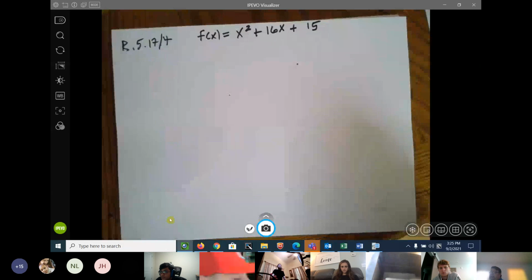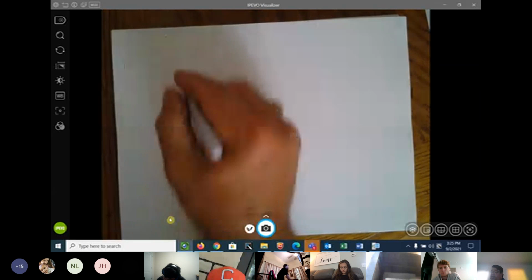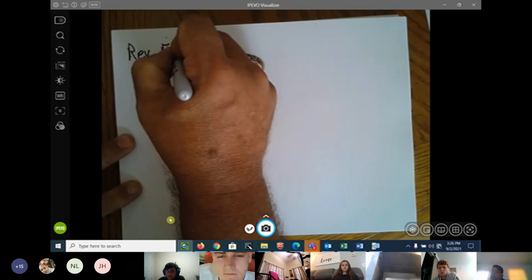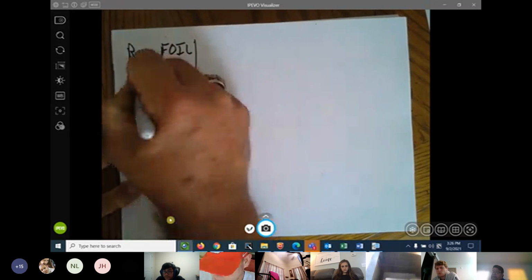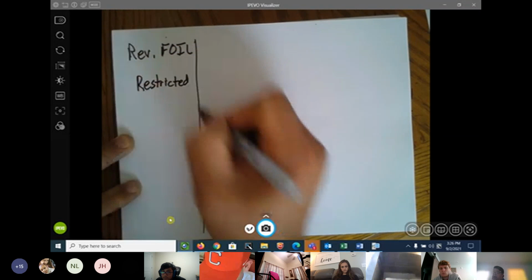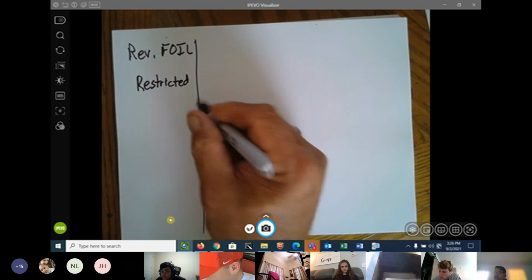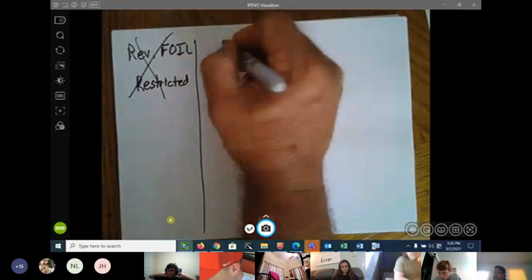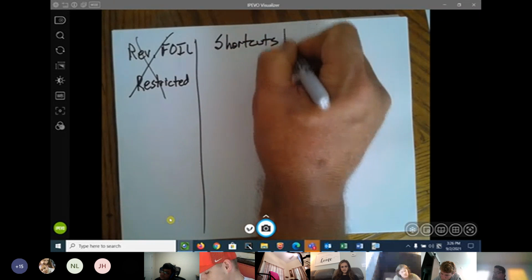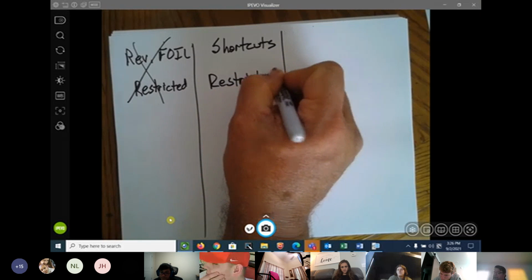In a quadratic like this, there's 3 or 4 ways to solve a quadratic. One is reverse FOIL. Is it restricted? Yes. Why is it restricted? Because if you cannot find the multiples, it's a prime. So that's doing us no good. Shortcuts are even more restricted than the reverse FOIL.